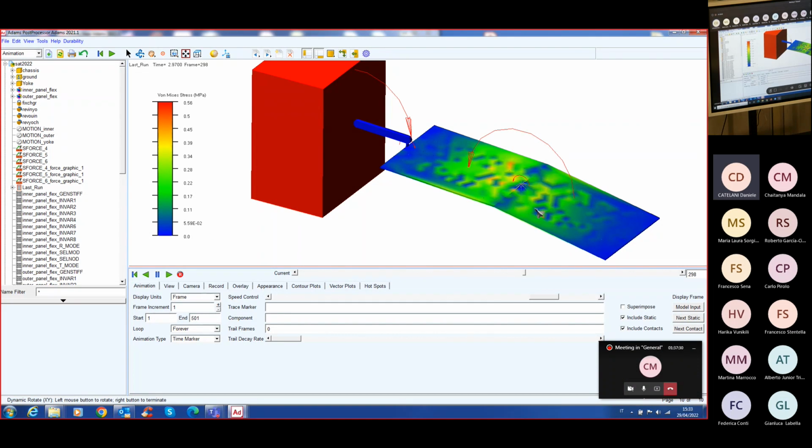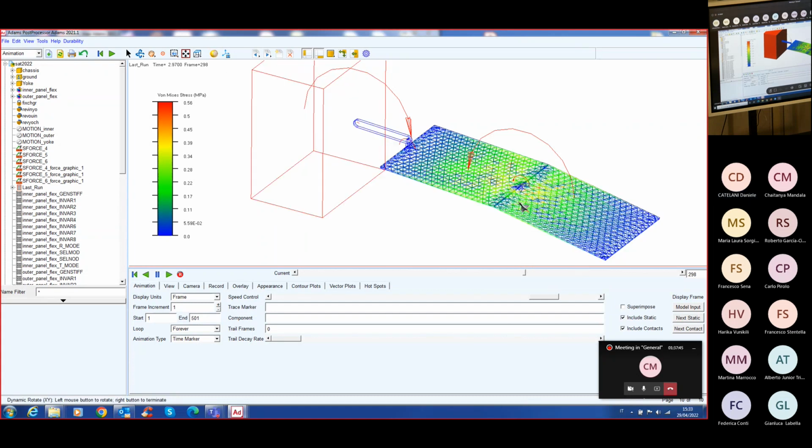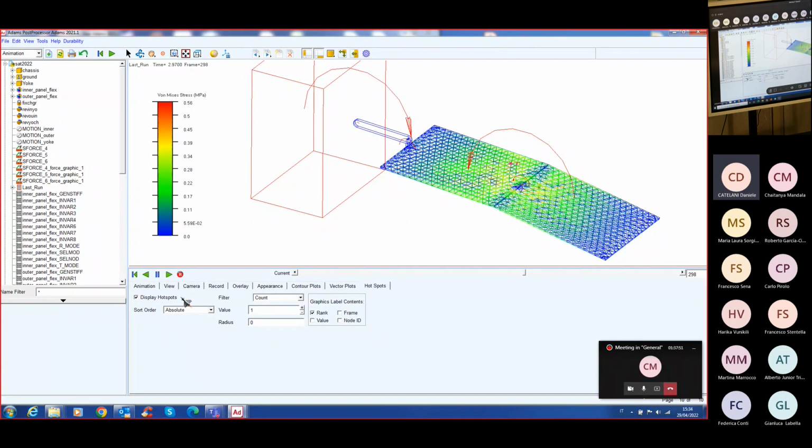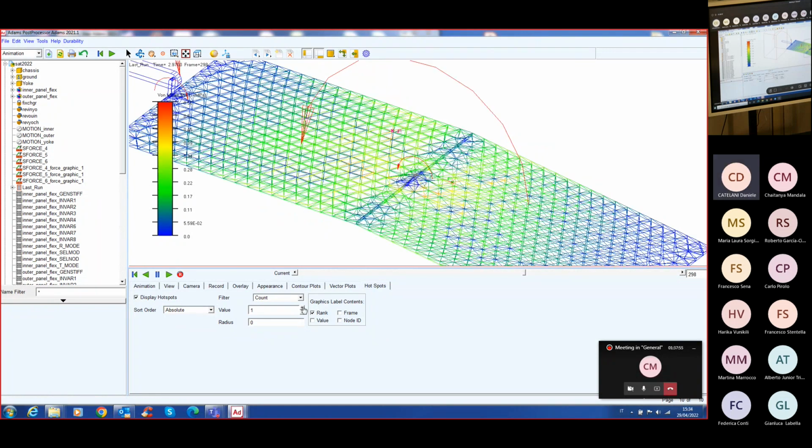For a stress analyst, this is important because they can immediately understand which are the regions in which you can have problems. As final information on this, you can click on hotspot and you can display the node with the maximum value of stress.